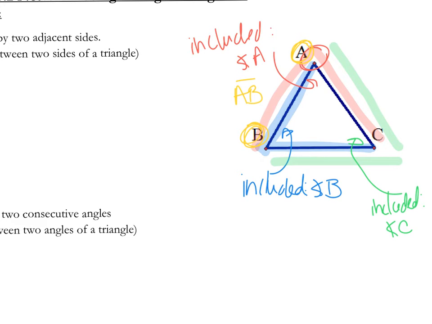Okay. And then if I have A and C, the included side would be AC or CA, same thing. And then if I have B and C, the included side would be BC. So notice it's just made up of the angles that you're working with.